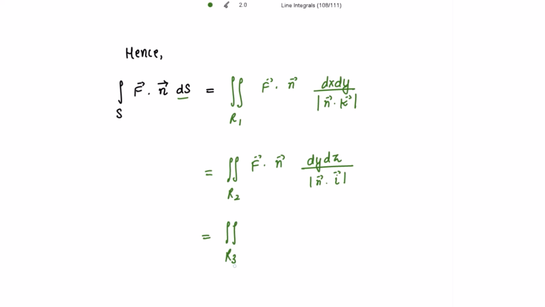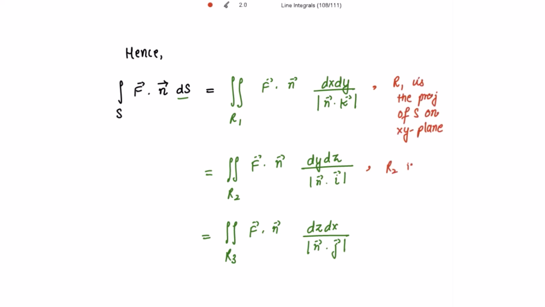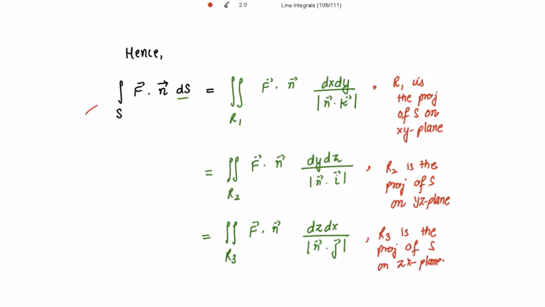It is the projection of S on the ZX plane: f vector dot n vector dz dx divided by mod of n vector dot product with j vector, where R1 is the projection of S on the XY plane, R2 is the projection of S on the YZ plane, and R3 is the projection of S on the ZX plane. Please take this as your remark.